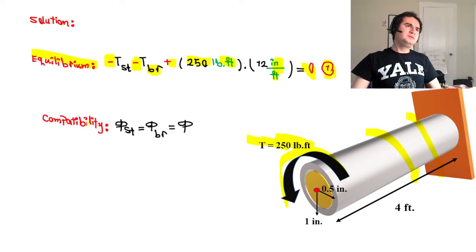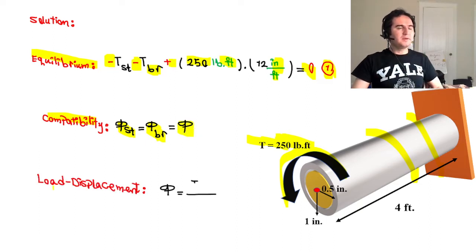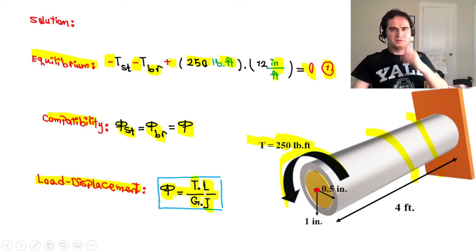From compatibility, because they are bonded with each other, phi steel is equal to phi brass, and let's call both phi. By the load displacement equation, phi is equal to torsional torque times length of the shaft over rigidity modulus times polar moment of inertia.